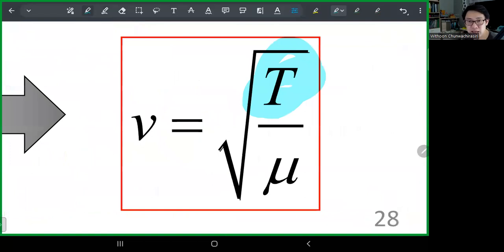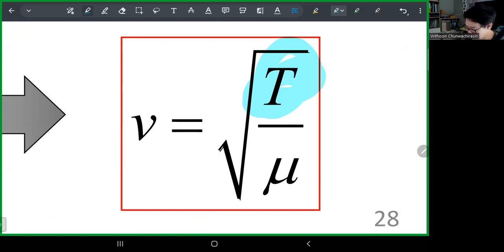This makes sense because the higher the tension of the string, the faster the travel of the wave is supposed to be. Because when you have a very taut string, every time you disturb the string, that disturbance should get propagated very easily because everything is so high tension, right? It's sort of like you are ready to send out whatever happens to me to the neighboring area.